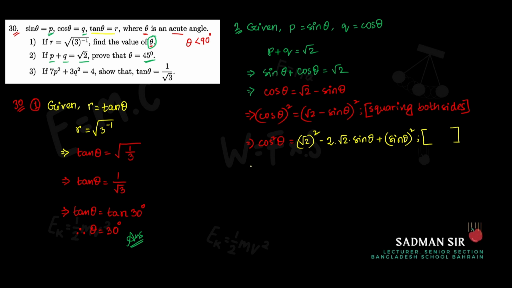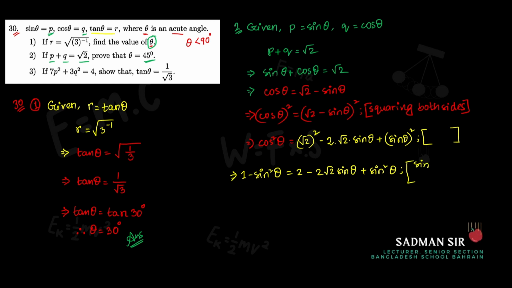Better to mention it here. And then cos square, we can write it 1 minus sin square. How? I will mention it in the side note. Now, root 2 whole square, it will give us 2 only, minus 2 root 2 sin theta plus sin square theta. So, how do you replace cos square by 1 minus sin square? You should mention it in the side note, okay?